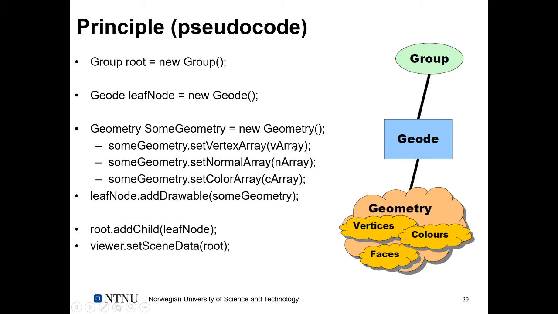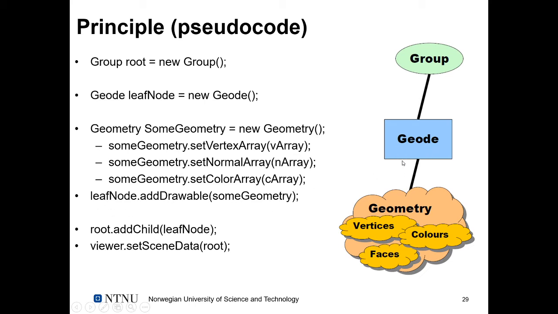You basically set the vertex coordinates. Set normal array, you basically set the normal coordinates, and in set color array you set the color values connected to this geometry. And once you set all that, you add this drawable, this geometry, to the leaf node, which is in this case the geode.